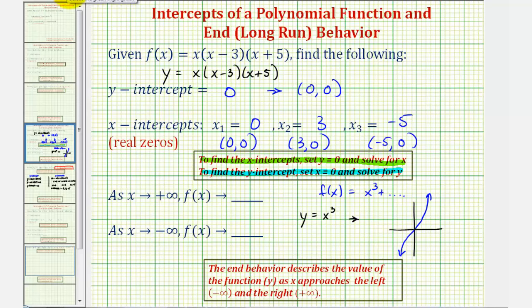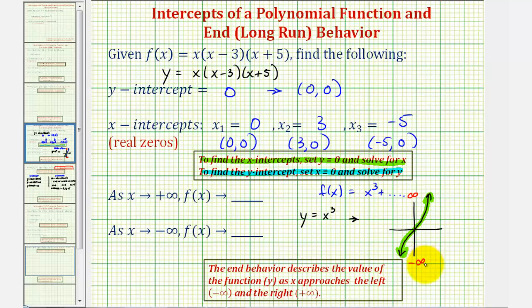Notice as x approaches the right, or as x approaches positive infinity, the function goes up without bound, and therefore y, or f of x, approaches positive infinity. And as x approaches the left, or x approaches negative infinity, the function values go down without bound, and therefore y, or f of x, approaches negative infinity.